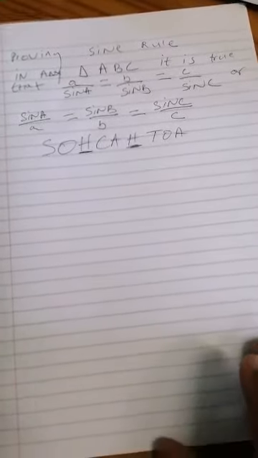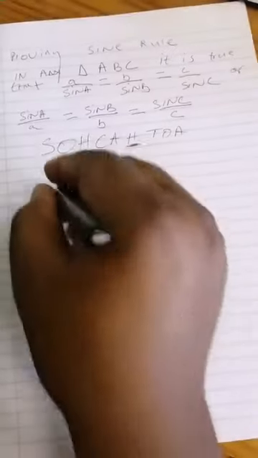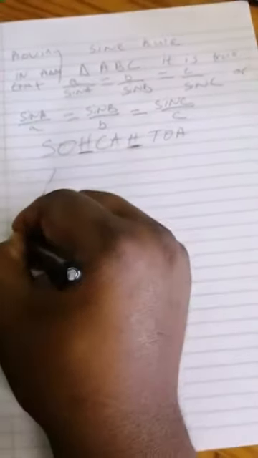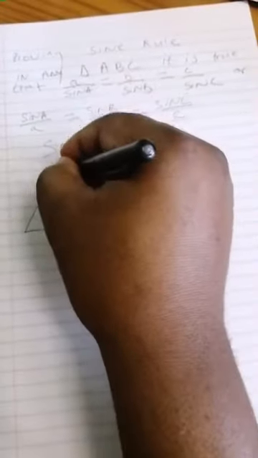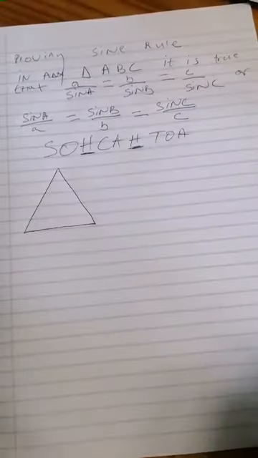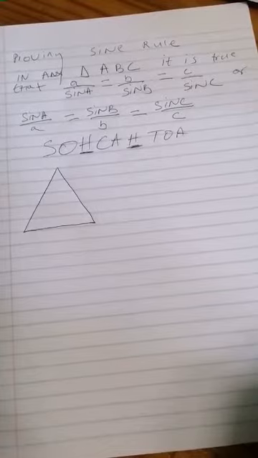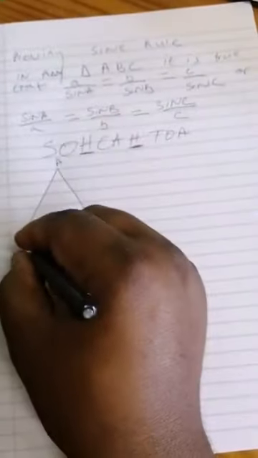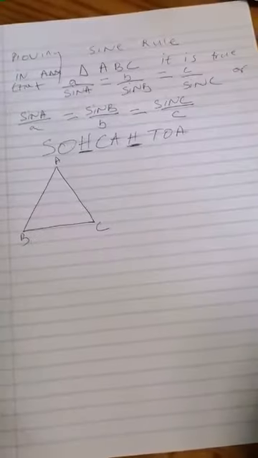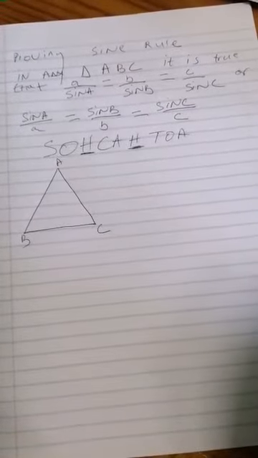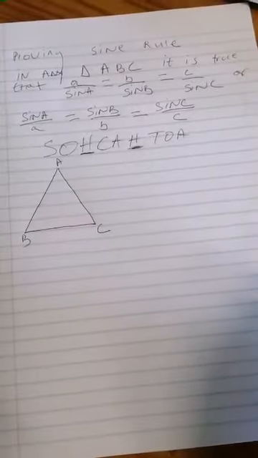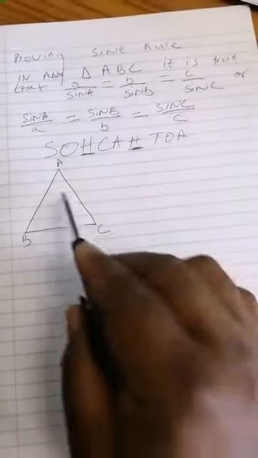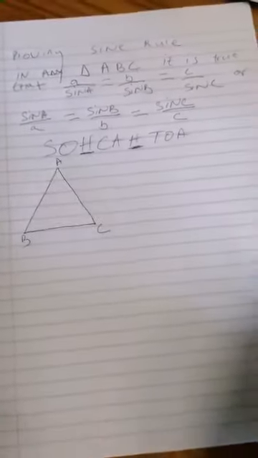But now, what if you have a triangle that is not a right-angled triangle? For example, that triangle there, let's call it A, B, C. According to the classification of triangles, that one will be an acute-angled triangle because all the angles there are acute angles.